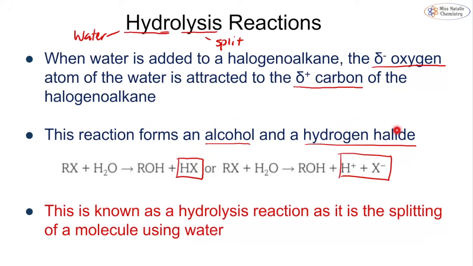That really doesn't make a difference, because our main focus actually is this part here, the alcohol. This is a way to make an alcohol from a halogenoalkane. By the end of this organic topic, you should be able to build a map that will show you all of the different organic reactions, but we'll come back to that a little bit later.